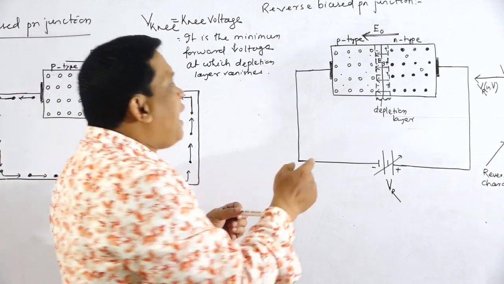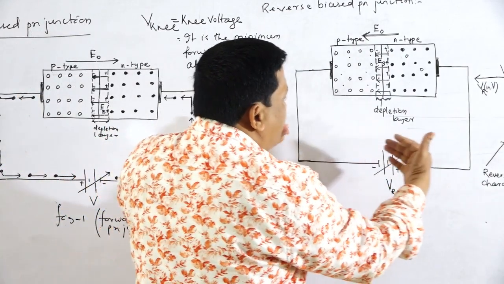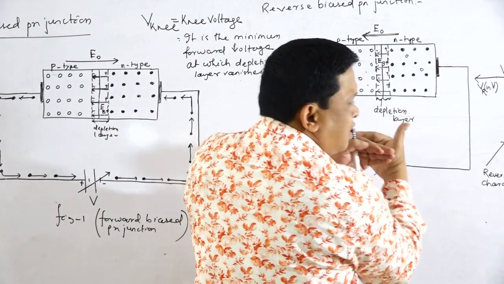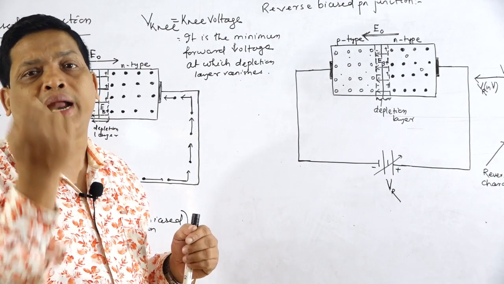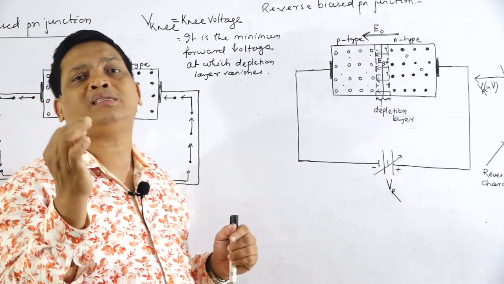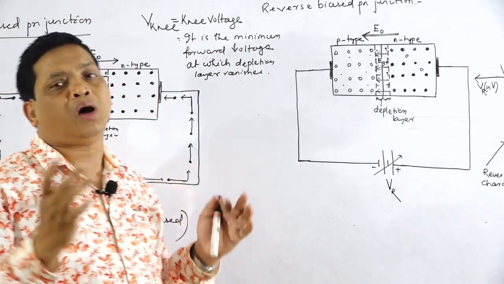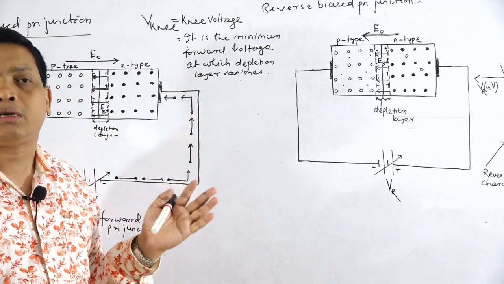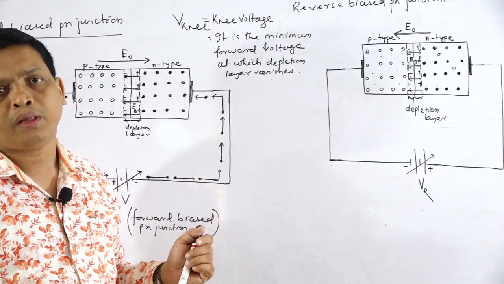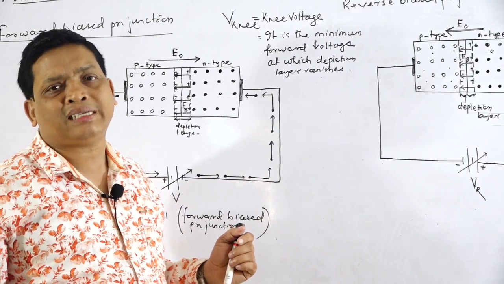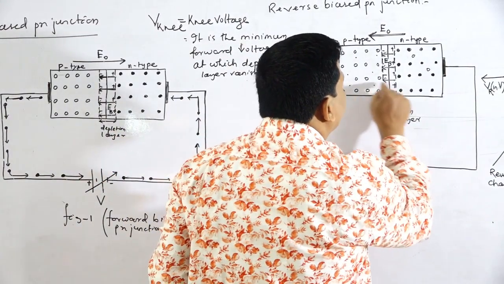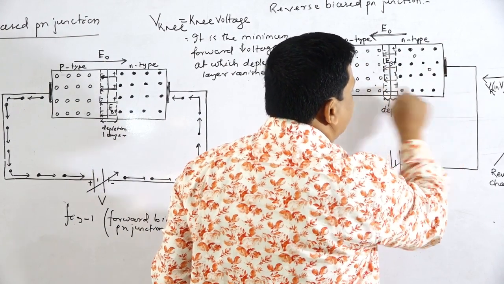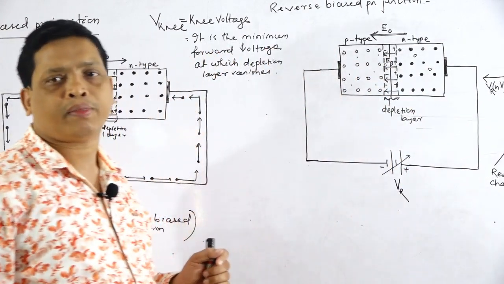So the minority charge carriers are pushed towards the junction and there is a very little current due to the minority charge carriers. Why? Because the minority means their number is very small. So the current that flows due to the minority charge carriers is very small.